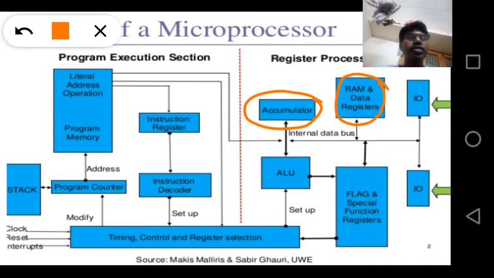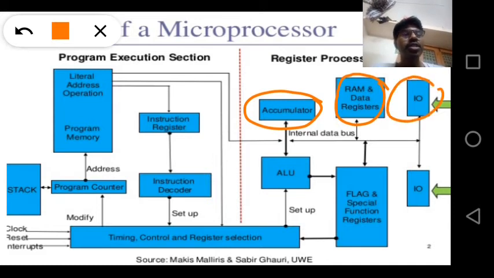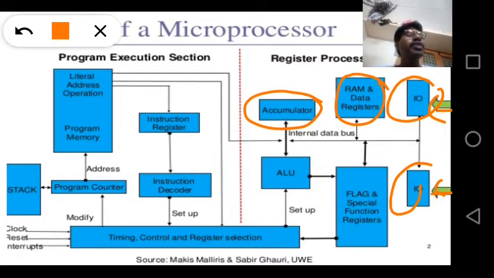Accumulator, you know, right? It's a special type of register. RAM and data registers. These are the I/O interfaces that receive signals, the I/O controllers. Remember, the processor should have some way of communicating with I/O interfaces. These I/O controllers reside on the motherboard or within the microprocessor.